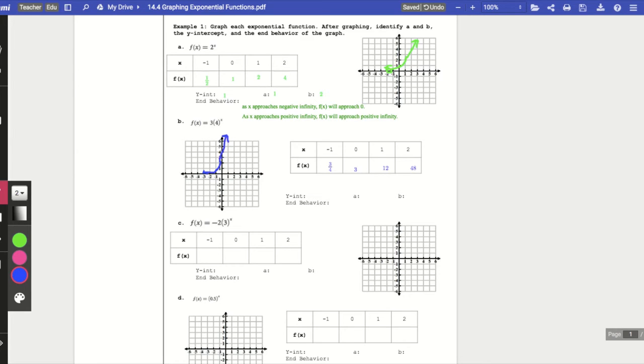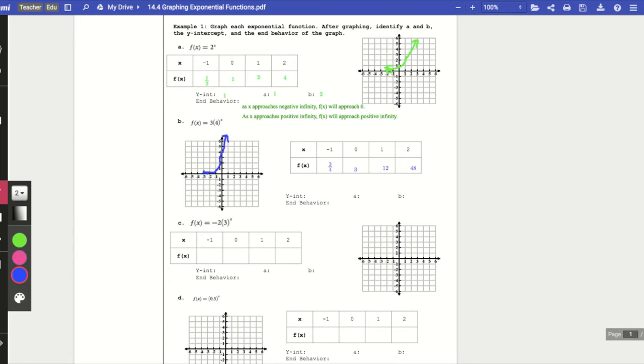Just think of a fraction. What's happening with the base, we're always going to have 3 on top, and there's no way I can have 4 to a negative exponent that's going to equal a value bigger than 3, unless it's -1, which would be right here. Just still above that line.